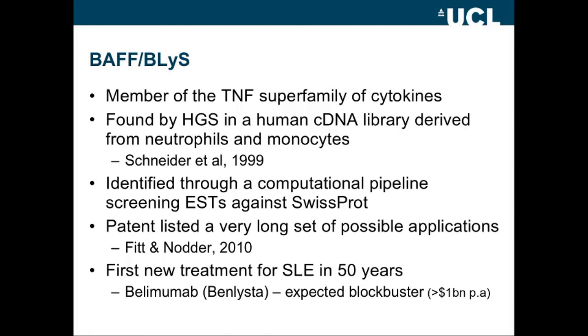But it turned out that this ended up being the first new treatment for the autoimmune disease systemic lupus erythematosus in about 50 years. And the drug that they produced, belimumab, also known by the trade name Benlysta, is expected to become a blockbuster drug, in other words, earning over $1 billion a year.